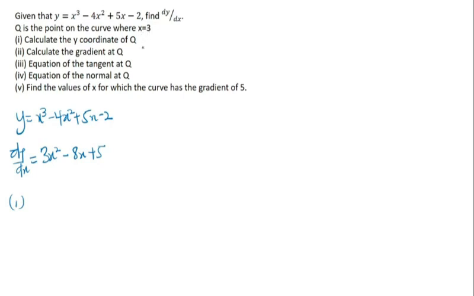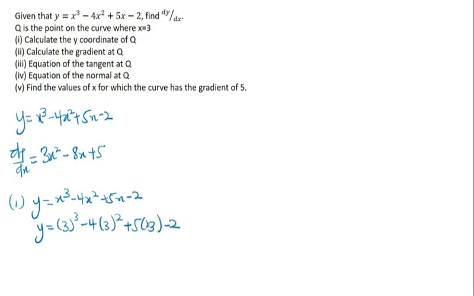So all we have to do is say y is equal to x cubed minus 4x squared plus 5x minus 2, where x is equal to 3. So we write 3 cubed minus 4 into bracket 3 all squared plus 5 into bracket 3 minus 2.